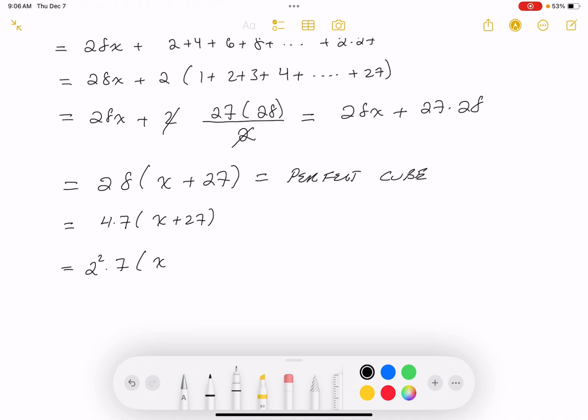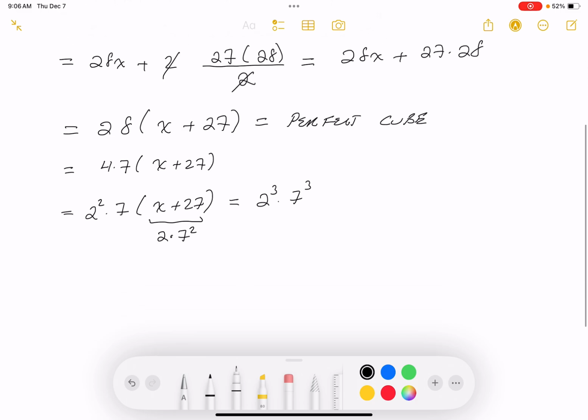To make x plus 27 a perfect cube, there's actually an infinite variety of things, but they said the smallest, right? The smallest thing I could do is I need another factor of 2, and I need another factor of 7 squared. I want this to be 2 cubed times 7 cubed, and that's going to be a perfect cube.